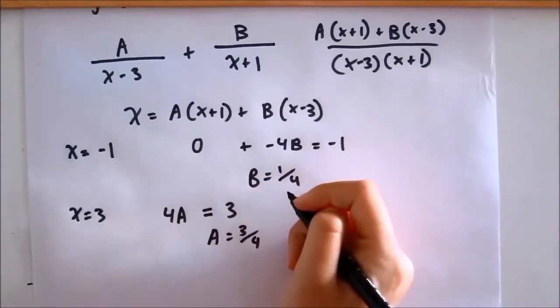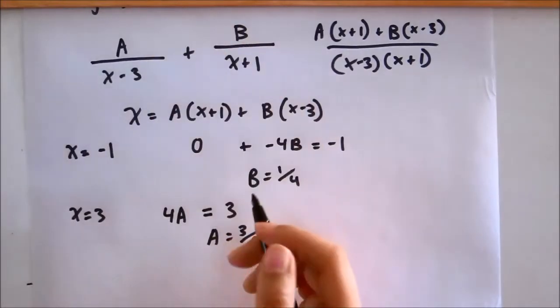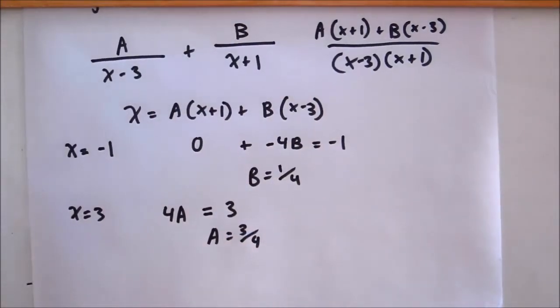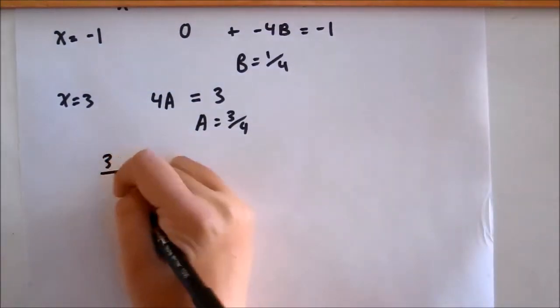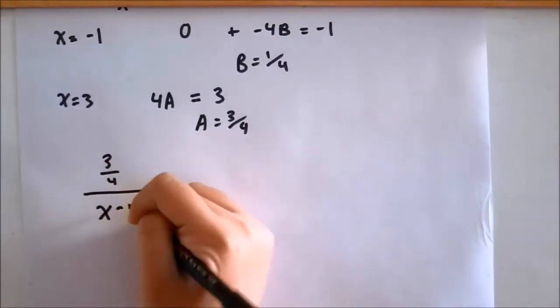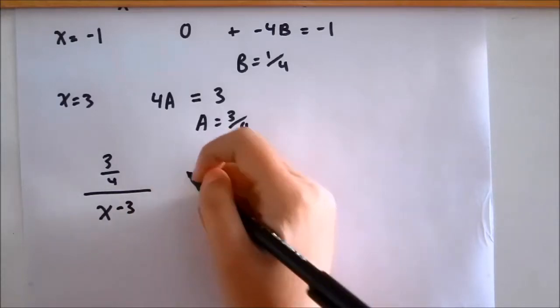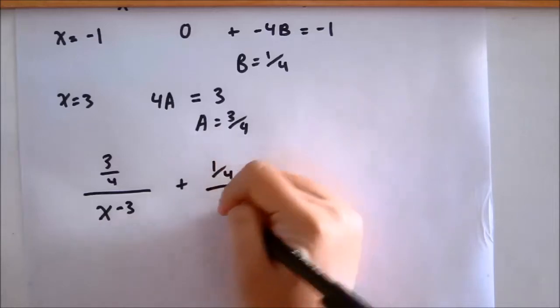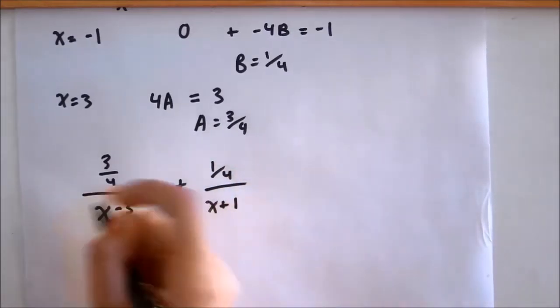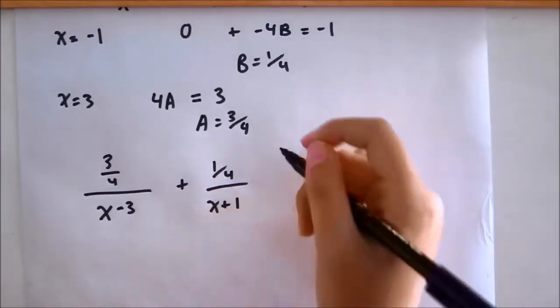Now that you know the values of A and B, you can plug them back into your initial equation. Since it's A over x minus 3, you would get 3/4 over x minus 3, plus B over x plus 1, which would be 1/4 over x plus 1. Now you can plug that back into your initial integral.